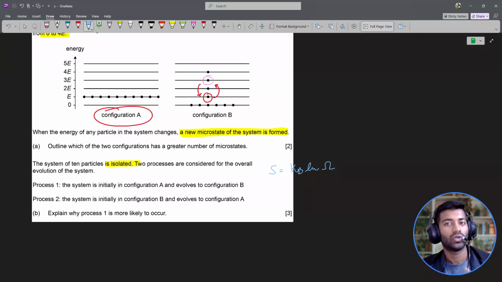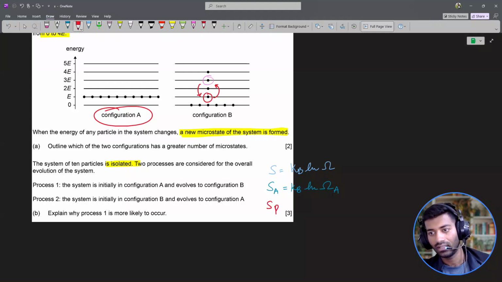It's just that B has more microstates. So I can write the entropy expression for both configurations. S_A equals Boltzmann constant times natural log of omega A, the number of microstates in A, and S_B equals Boltzmann constant times natural log of omega B, the number of microstates in B.